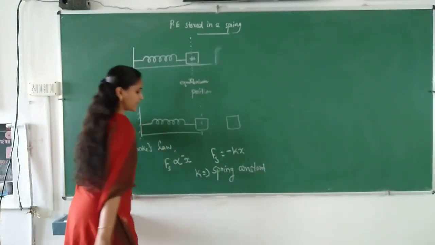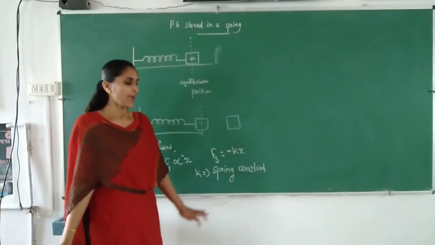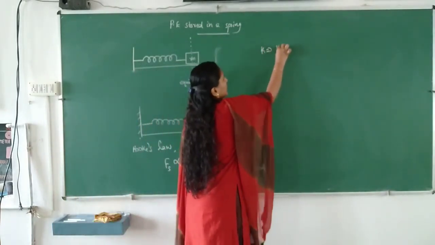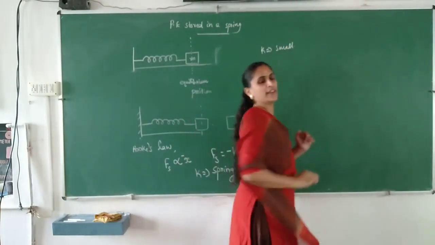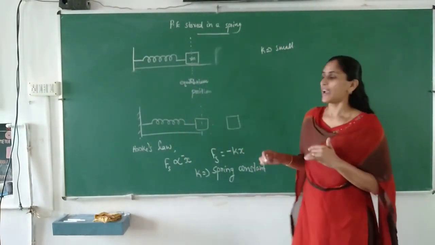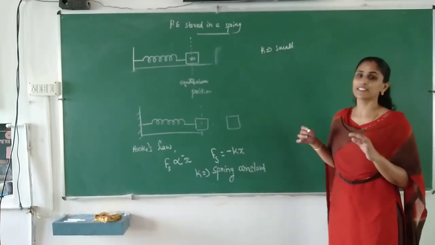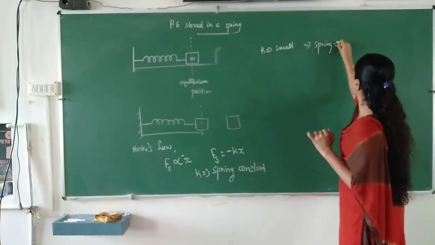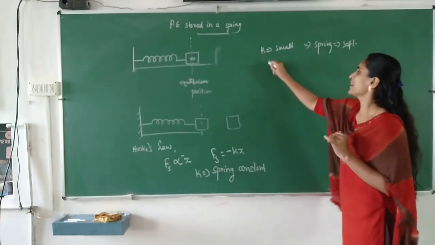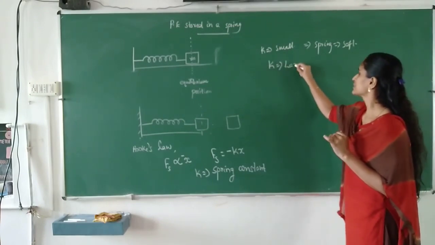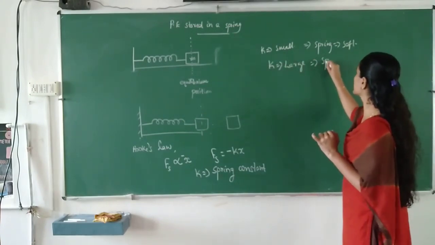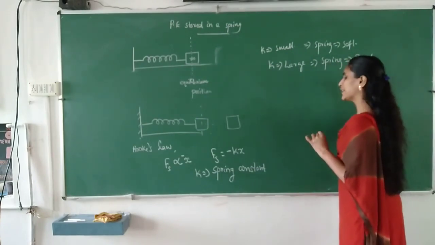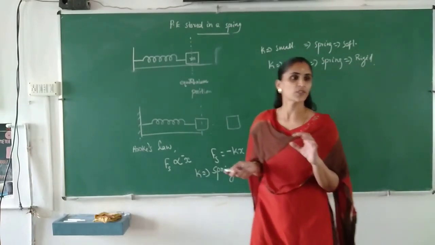The value of k will be small if the spring is soft, and the value of k is large if it is rigid, stiff. So by knowing the value of k, we can say whether the spring is soft or hard.